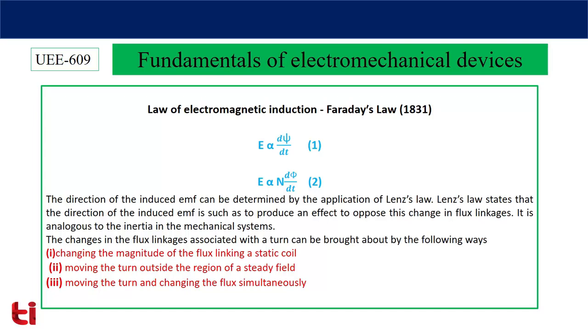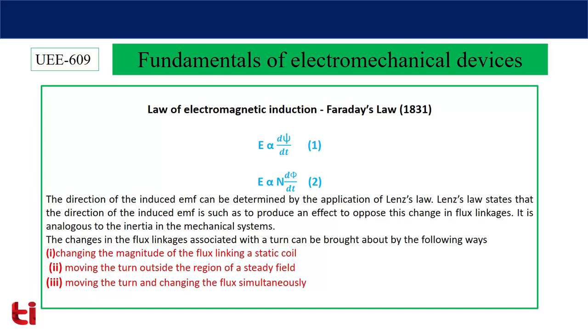First, changing the magnitude of the flux linking a static coil. That means the coil is stationary and the flux is changing. Second, the coil is moving but the flux is stationary. Third, both the coil as well as the flux are varying in nature. The first one is the basis of the transformer.